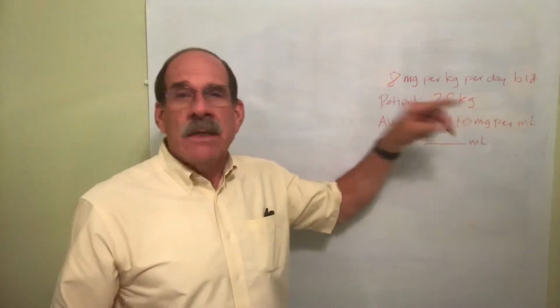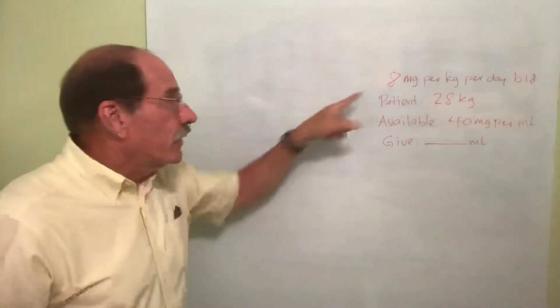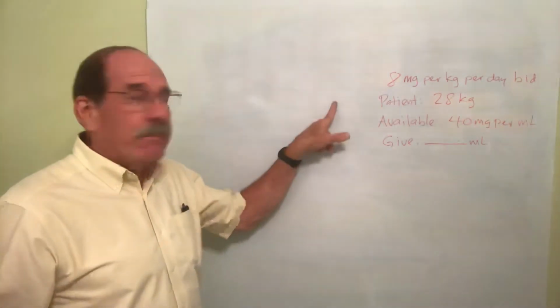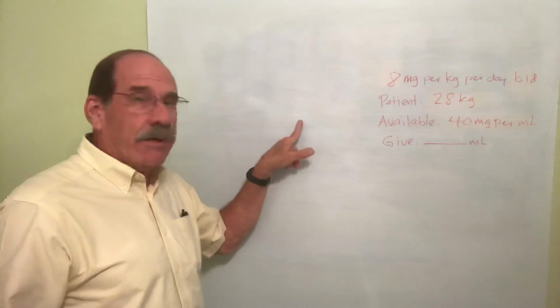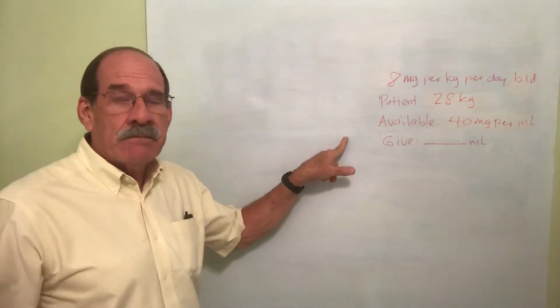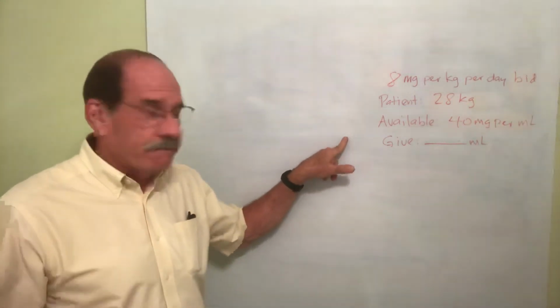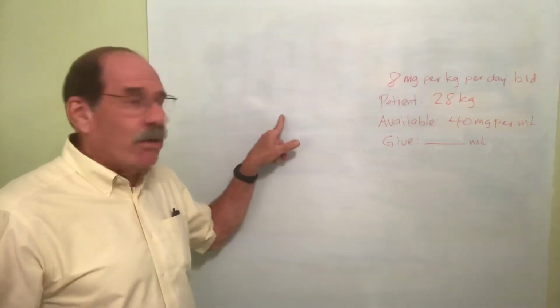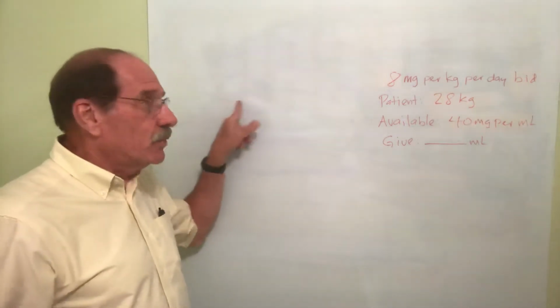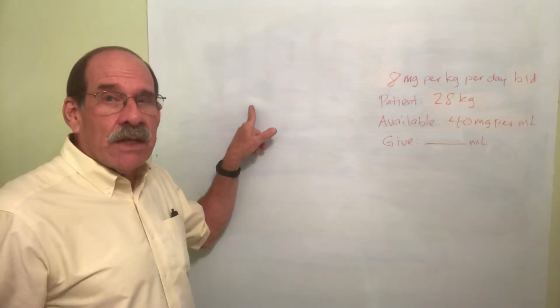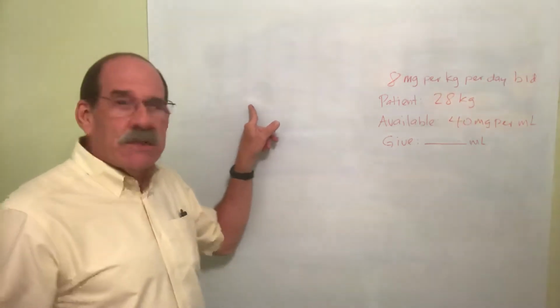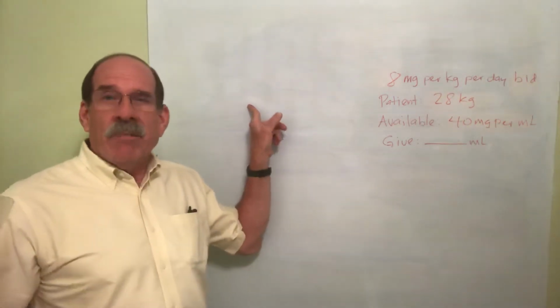Now we're going to do some imaginary math here. You write this, 8 milligrams per kilogram per day. You might want to go ahead and do this on your own. But now multiply by what? The weight in kilograms, 28. It's already kilograms. Don't just get in such a rut you don't pay attention.